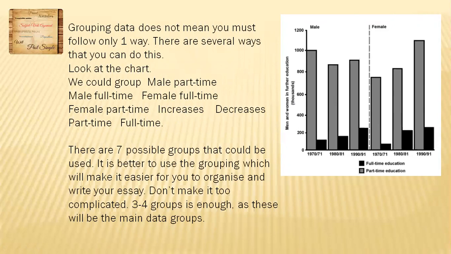So you can only really base your group numbers on what is on the graph. So until you see the graph, you don't know. So 3 or 4 groups is enough, as these will be the main data groups. Remember, we're summarizing the main data, not all of it.